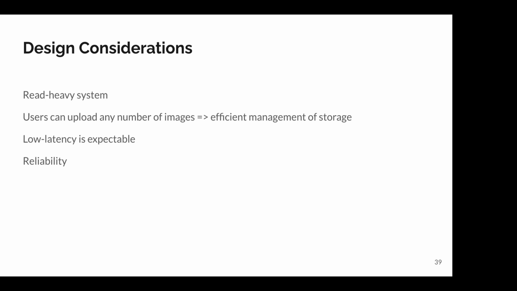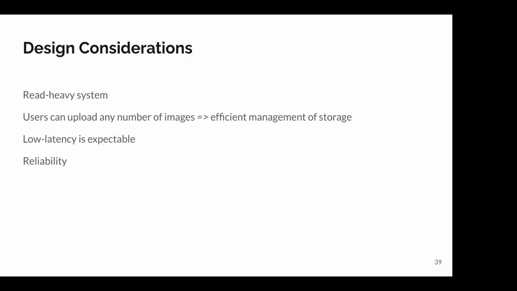There is no limitation on the number of photos that I can upload, so we'll also need efficient management of storage. As I said, low latency is expected, around 200 milliseconds, but not much greater than that.